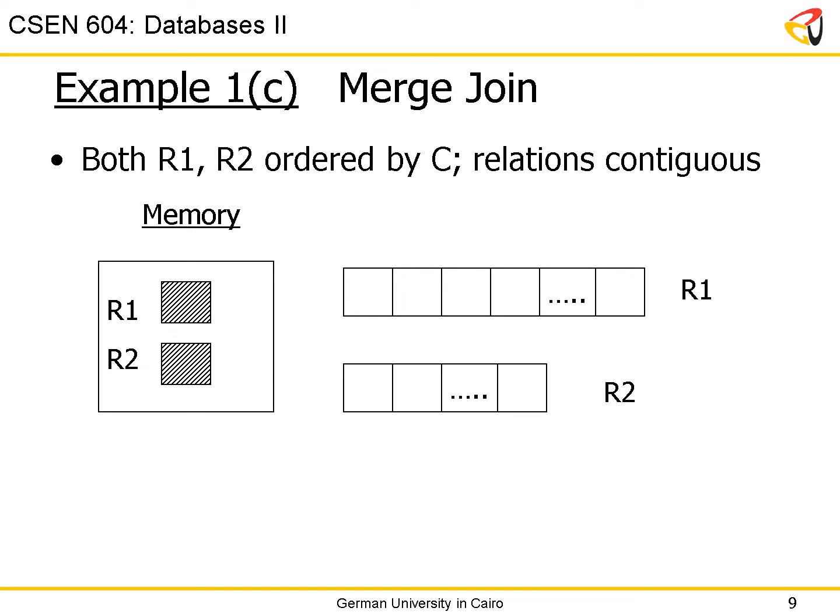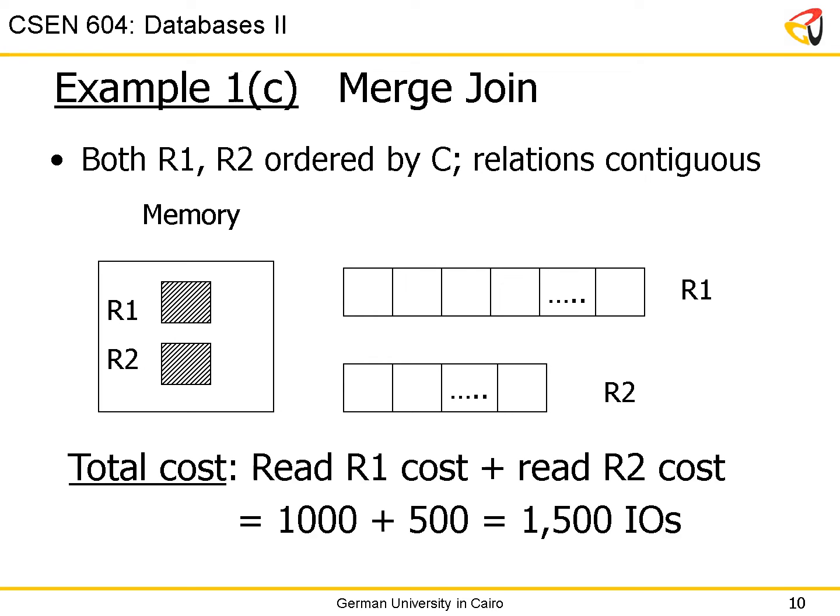So if the relations are contiguous and R1 and R2 are sorted by C, that's quite a nice scenario, because the cost of the sort-based merge join is going to be just the cost of reading R1 plus the cost of reading R2.